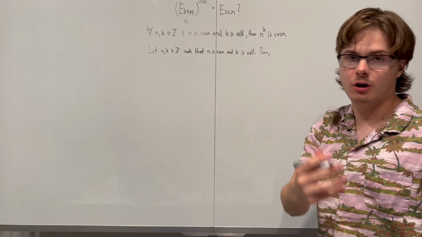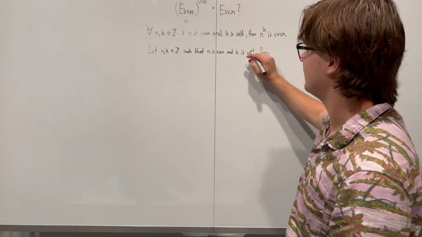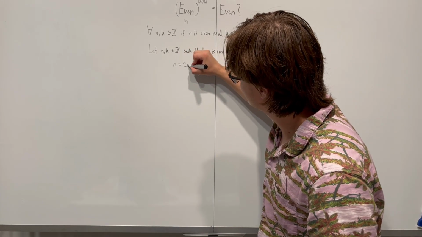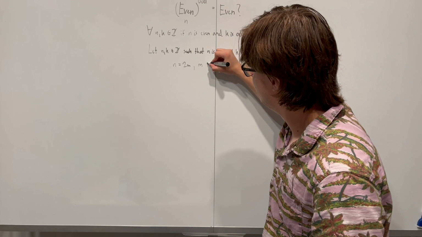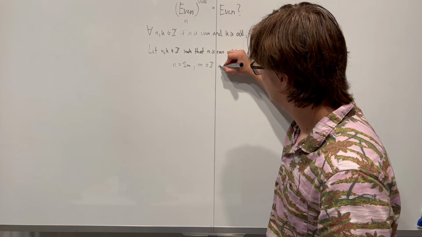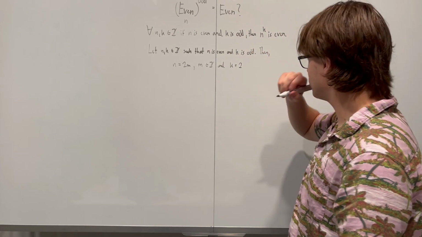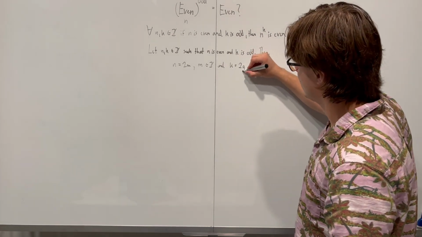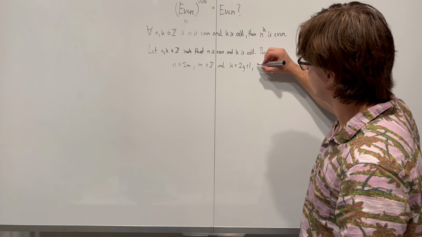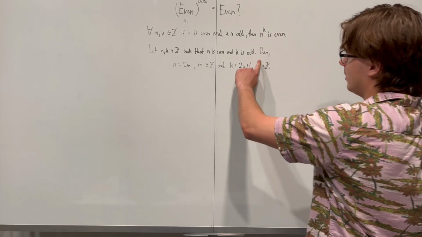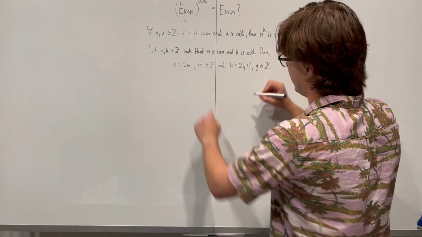Then let's more concretely define what we mean by n to be even and k to be odd. n is going to equal 2m for some m that's an integer, and k is going to equal 2g plus 1 for some g that's an integer.